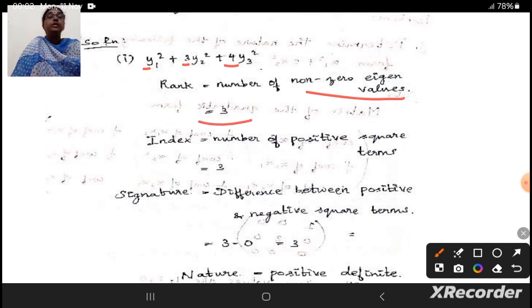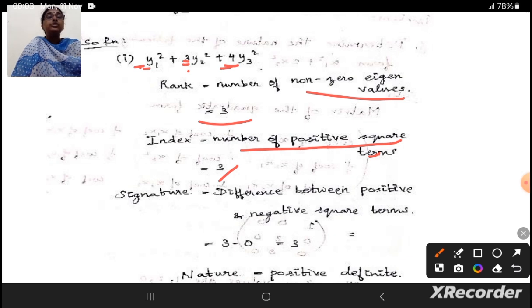Next is the index. Index means the number of positive square terms. The coefficients 1, 3, 4 are the diagonal values as well as our lambda values, the eigenvalues. So these three values are positive square values only. So the answer is 3.